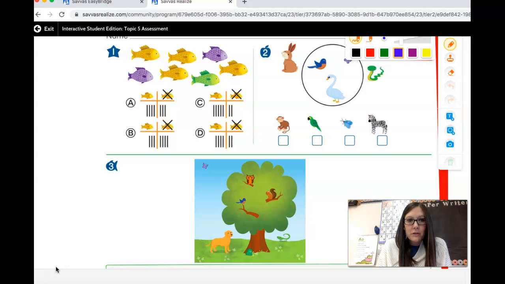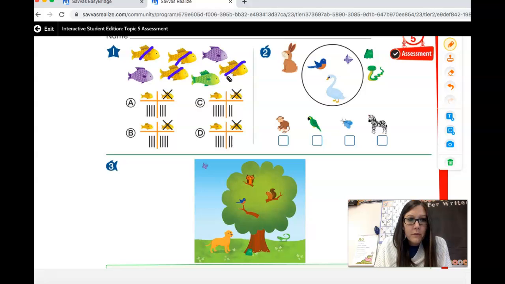Which one of those charts correctly shows how many fish are yellow and how many are not yellow? All right, let's see. Well, first, I think we need to count the yellow fish, don't you? 1, 2, 3, 4.